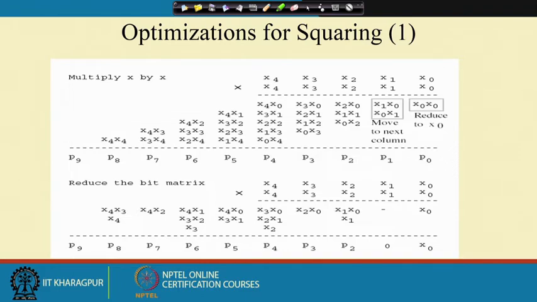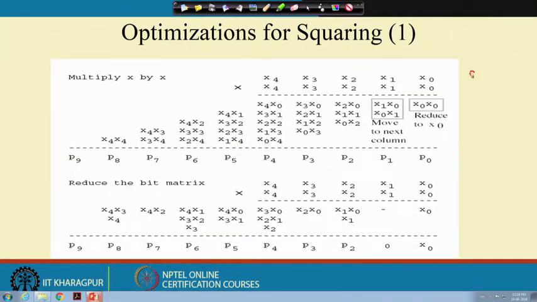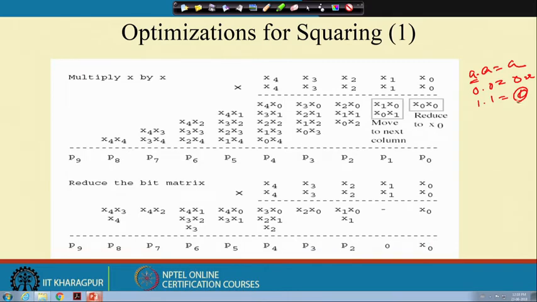If I am multiplying a with a, that is a. Why is that so? Because if a is 0, then 0 into 0 is 0, and 1 into 1 is 1. Whatever the value of a, that I get at the output. So, a dot a is nothing but a. So, x 0 dot x 0 will be nothing but my x 0.